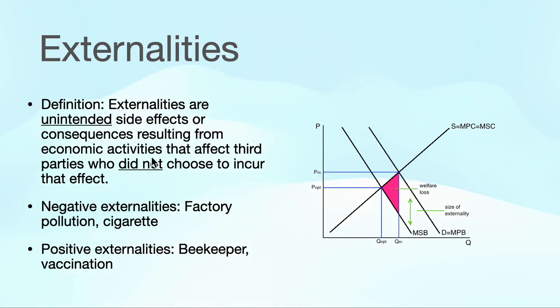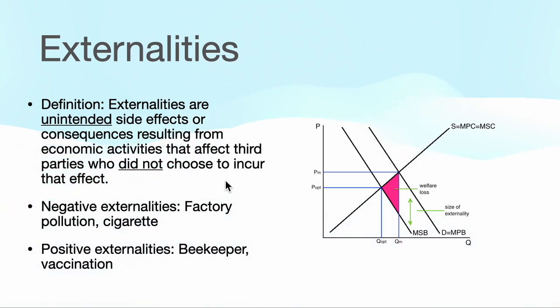And that sort of pollution affects third parties, like people living around your factory, like the greater environment, and they did not choose to incur the effect. So that is your externality from a jeans production factory.